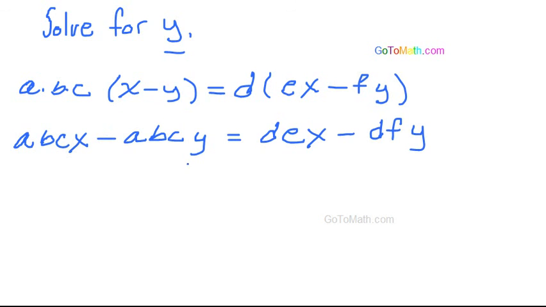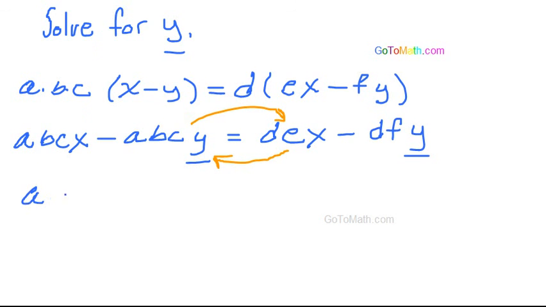We're trying to solve for y here. Okay. So we have a y in this term, y in this term, and what do you want to do? Let's just go ahead and take this to this side, and then we'll take the dex over to the left. How's that? So that's the plan.